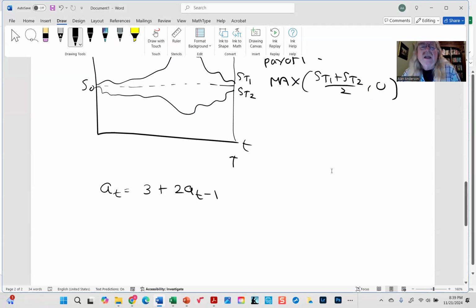It just means that whatever A is today, it has a constant term, it has a slope, and the variable here, at t minus 1, is simply the previous value of this variable. So this would be a simple example of a difference equation, and specifically, this is a first order difference equation.